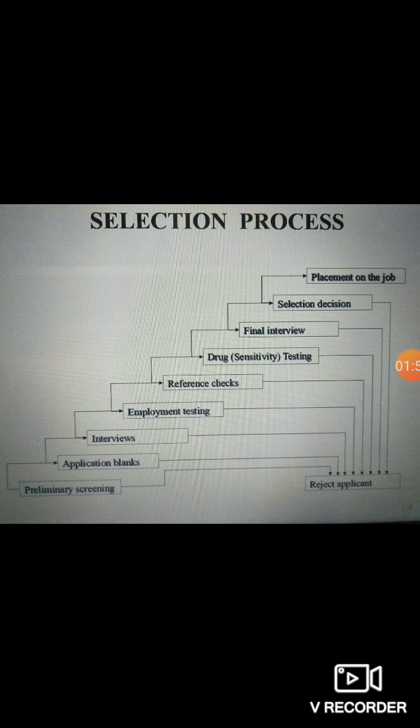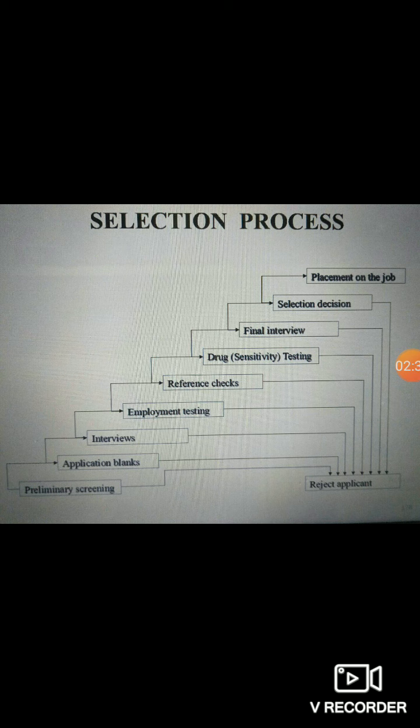So every stage has a possibility for rejection of applicants. That is how the process of selection is called the elimination process. Elimination means every stage has 100% chances for elimination. That's the idea. So in the flowchart you can understand every step has an upward movement as well as a parallel movement to reject applicant. That is how the process actually happens. So reject applicant is an important stage where the selection process by the process itself is justified.